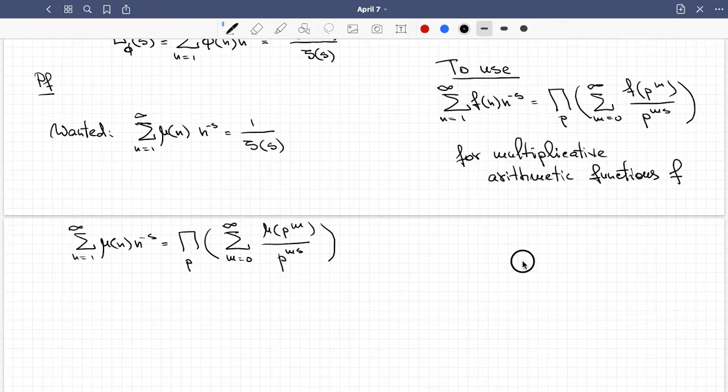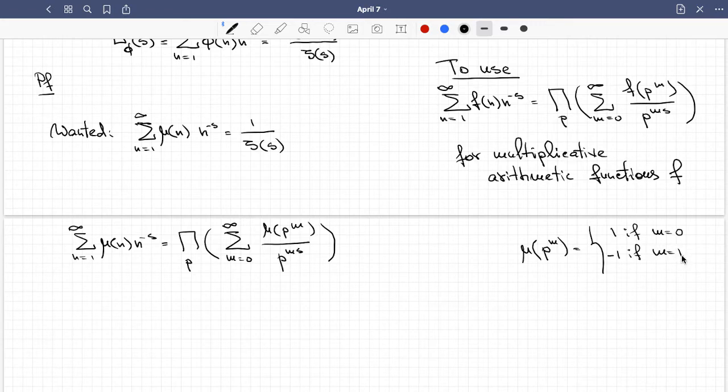We can calculate it. Mu of p to the m: if m is 0, this is mu of 1, which is 1. If m is 1, this is mu of p, p is a prime, that decomposes into a product of 1 prime, negative 1 to the 1 is negative 1.